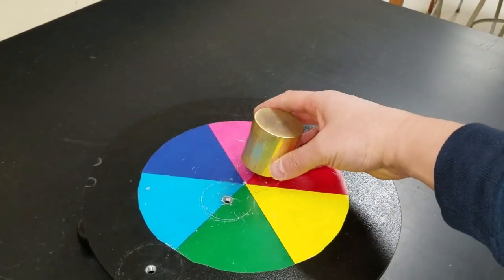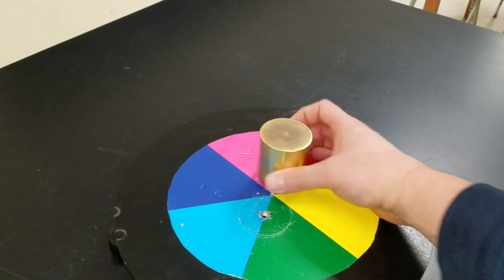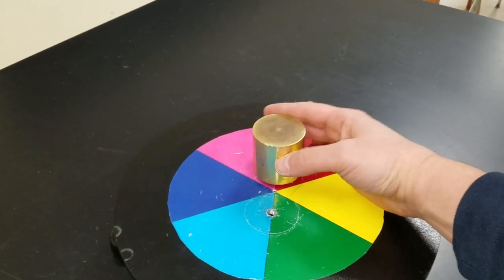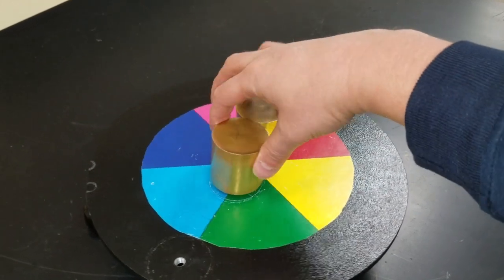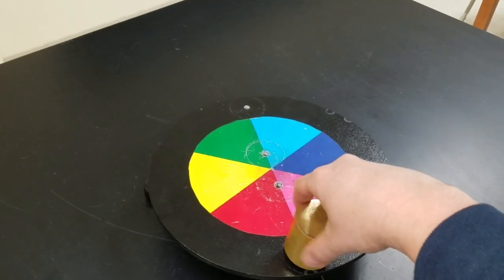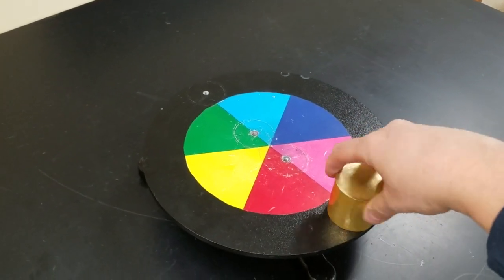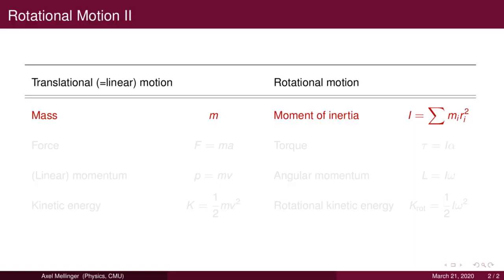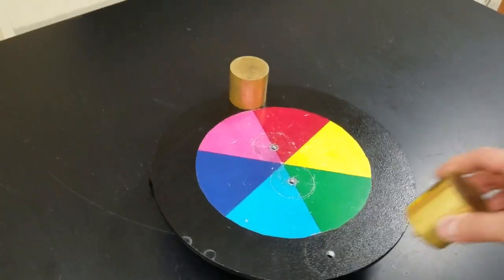Now in our experiment, we have a turntable into which we can screw two cylindrical masses. And we can screw those masses either into threaded holes near the center of rotation or near the perimeter of the turntable. If you remember the equation for the moment of inertia, you see that changing the location of those masses will change the moment of inertia.